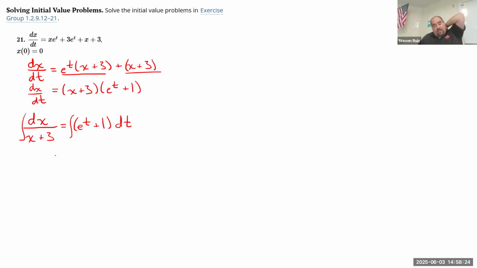Again, we have a fraction. What is the derivative of x plus 3? It's 1. So this one is a true natural log. So natural log of the absolute value of x plus 3 is equal to, what's the integral of e to the t? It's e to the t. Integral of 1 is t plus c.